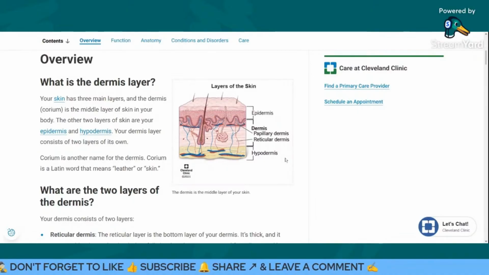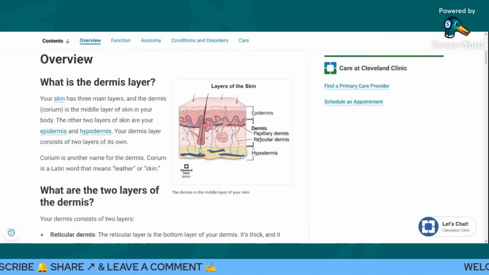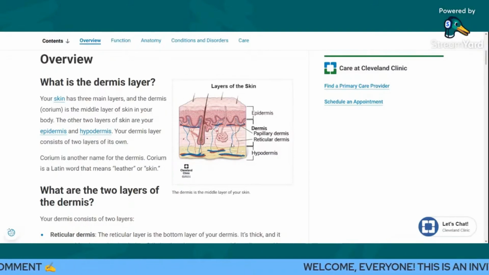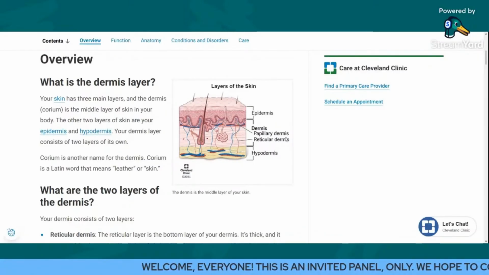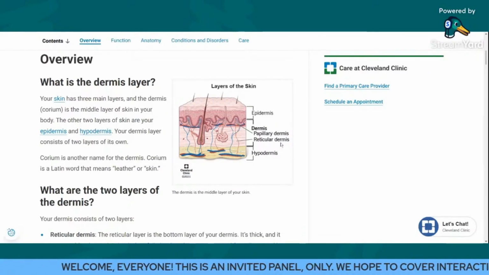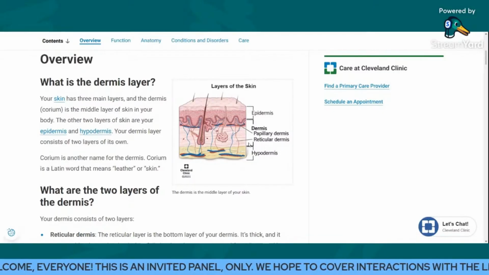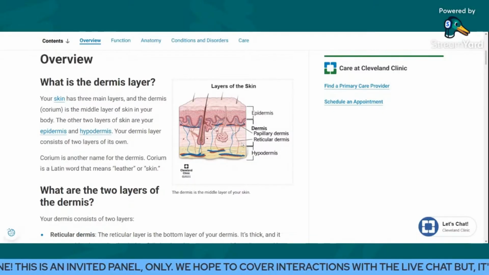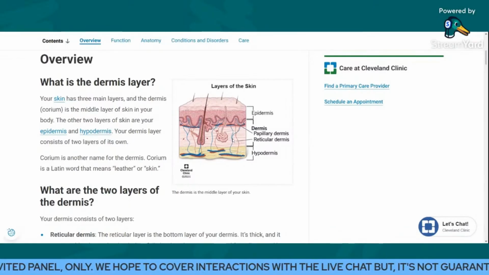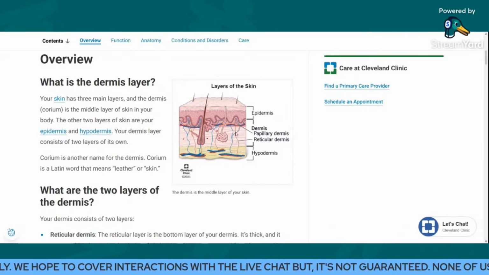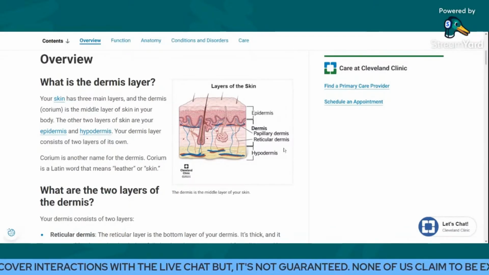They might be mitochondria or something. But that middle part is the dermis, where you've got the root of hairs and other such things. The papillary dermis, the reticular dermis. So the dermis actually has two layers to it itself. Okay, so that's interesting.